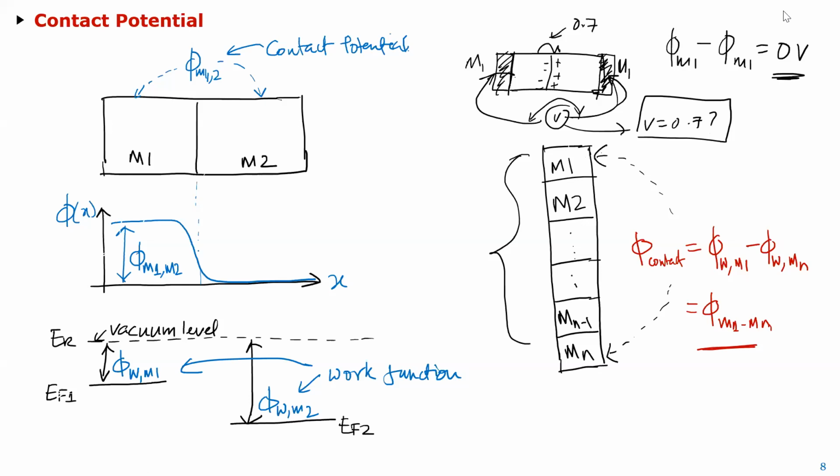So it's sort of like the built-in potential, but this is more when you're doing contacts at both the ends or you have multiple stacks. Honestly, I don't know why they differentiate it. They should call it the built-in potential. Because if you look at the built-in potential, it's also sort of phi p minus phi n if you calculate it, because that's also the work function difference.